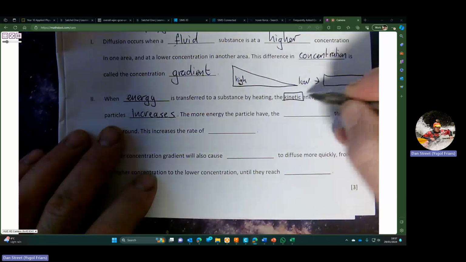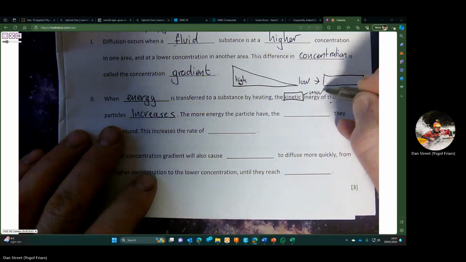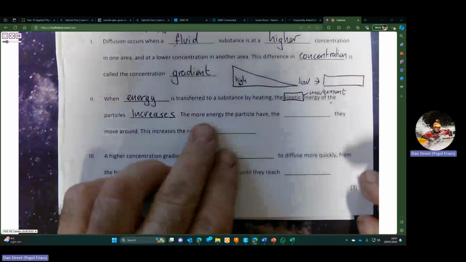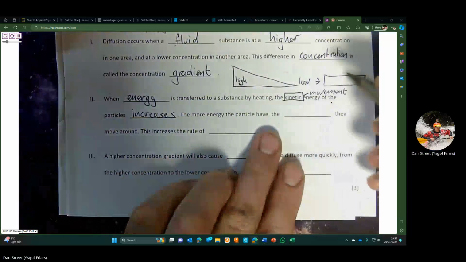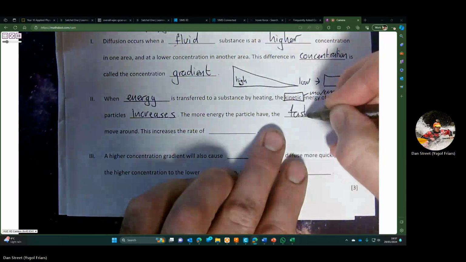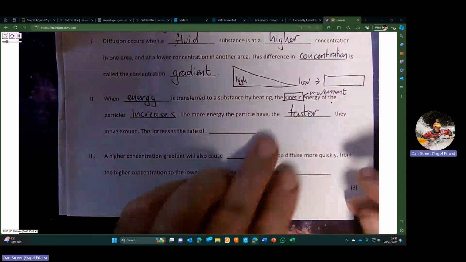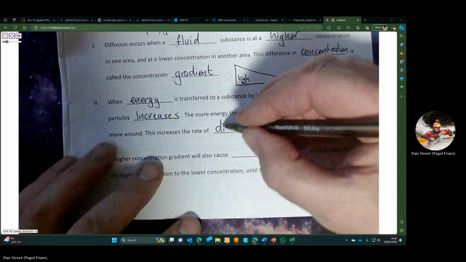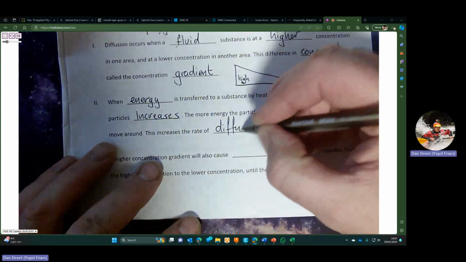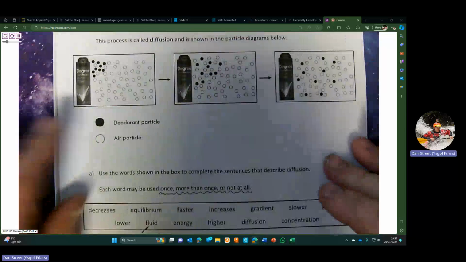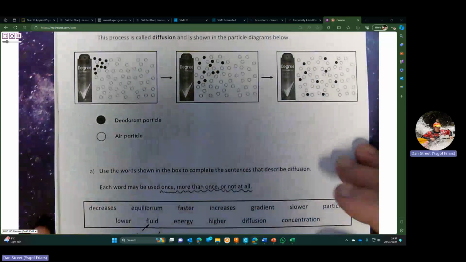It means movement. The more energy the particles have, the faster they move around. For more energy, they move faster. This increases the rate of diffusion. So if particles are moving fast, then they diffuse through the other fluid more quickly.